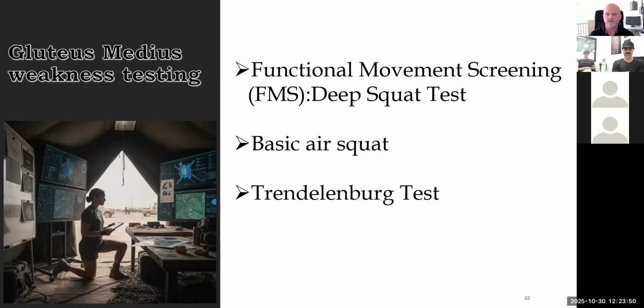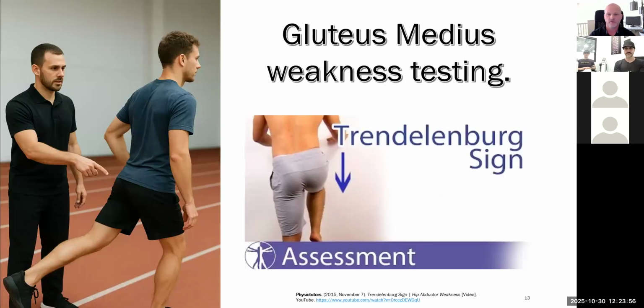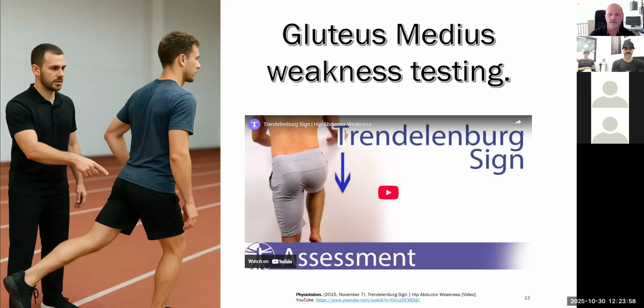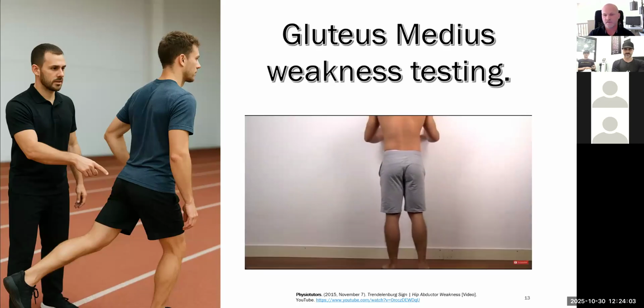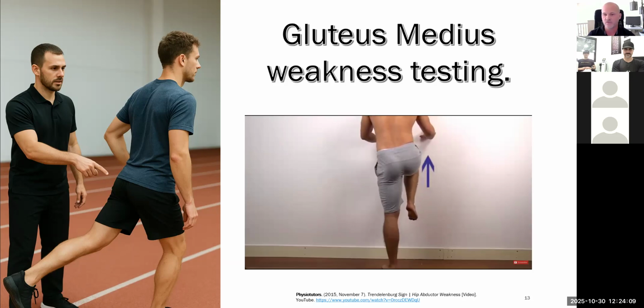Another way to do it is a Trendelenburg test. It's really simple to do if you haven't done it before. I'm going to show a quick video here on how it's done. They just go to the wall, lift their knee up and hold it. I usually like to hold it for about 20 seconds to see if it's very weak. After 20 seconds, they'll start to shake a little bit.